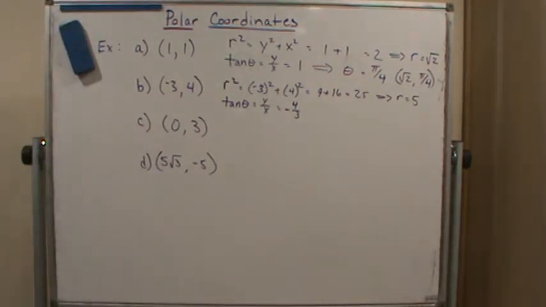In this case we again have to ask ourselves, the tangent of what angle equals negative 4/3? This is where we're going to have to use your calculator, because this is not one that is easily gotten from the unit circle.